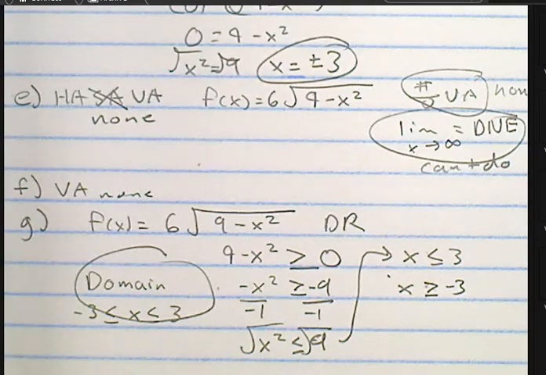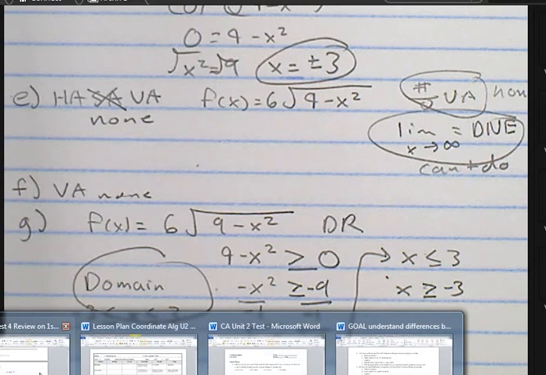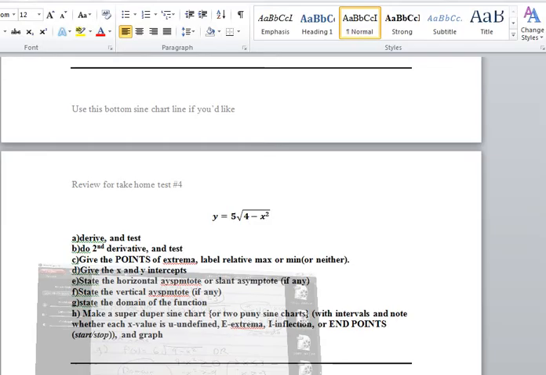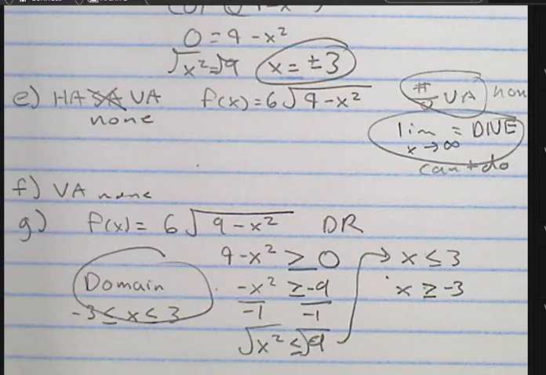Okay, so guys, it's a lot of work so far, but we're not quite done. In fact, we've done all the hard work. We're completely done with all the hard work. So let's move to the easier part. We're just going to make our sign chart, noting the domain. Our interval is only -3 to 3.